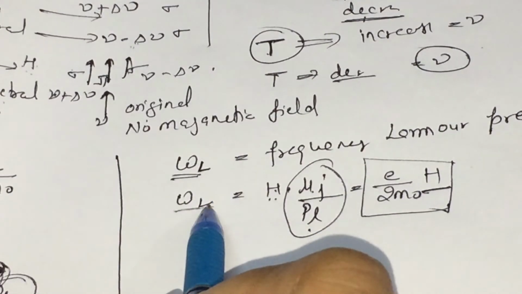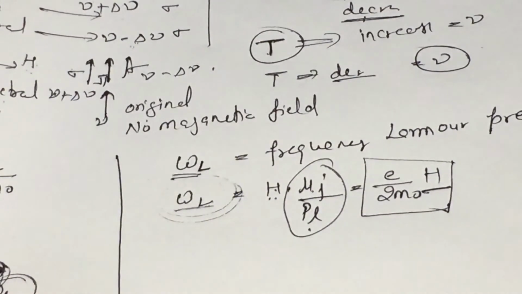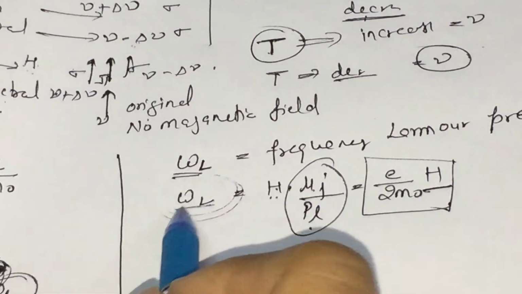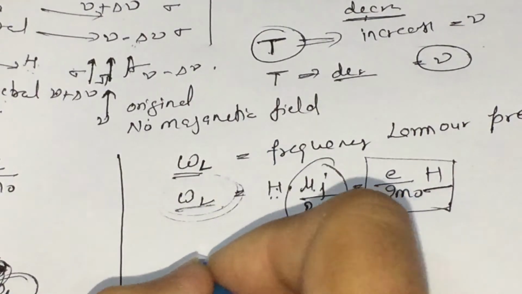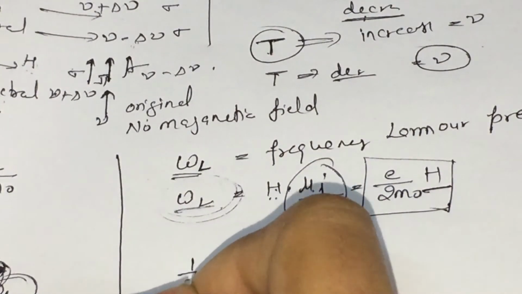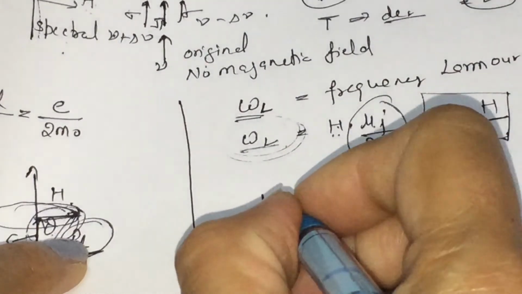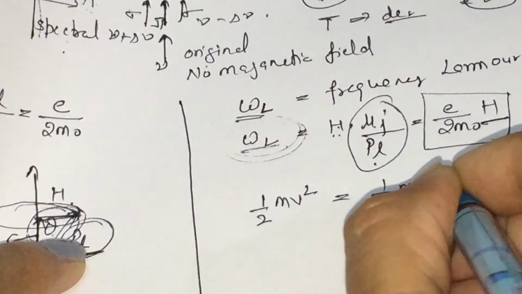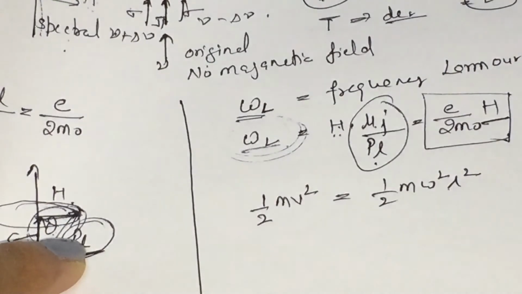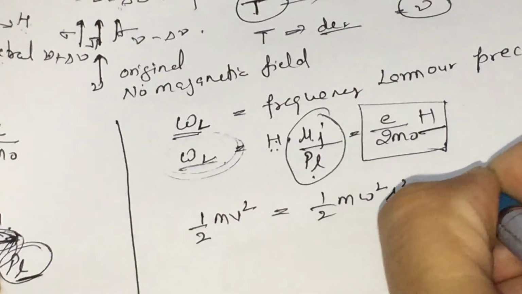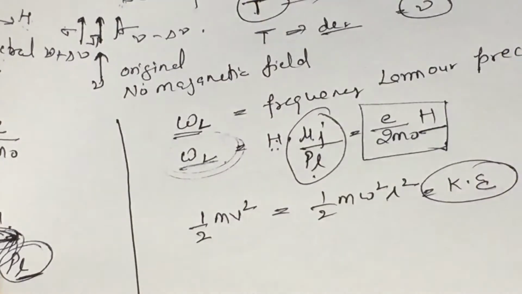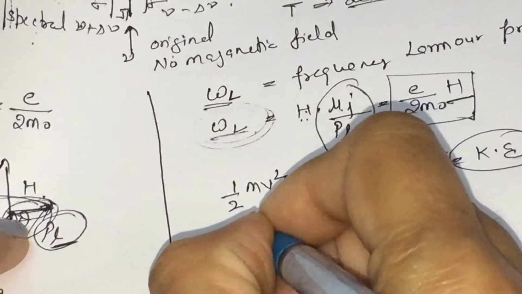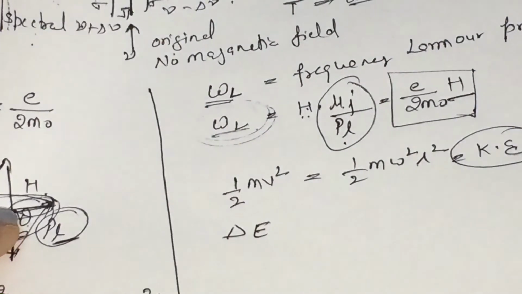The new frequency will change the energy of the particle. If the frequency changes, then according to our formula, half m v square, that is half m omega square r square, the kinetic energy will change, and if kinetic energy changes, the total energy of the particle will also change.